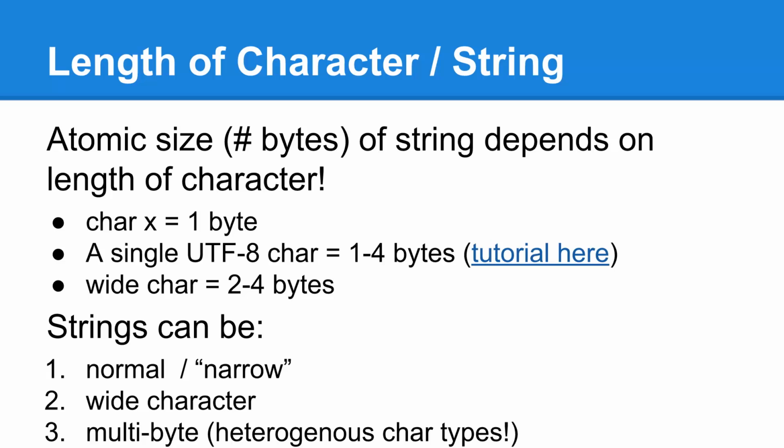And so strings can be normal, which is considered 1 byte characters. So a normal string is just regular characters, chars. A wide character string is characters, as I previously mentioned, that are either 2 or 4 bytes wide each, or there may be string types that are theoretically made up of heterogeneous character types. I have yet to see those in any practice.